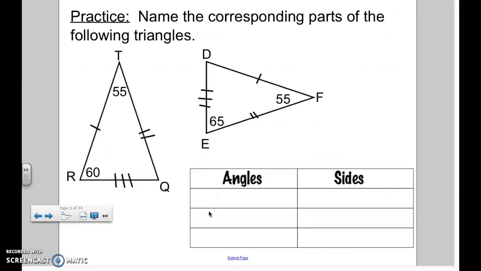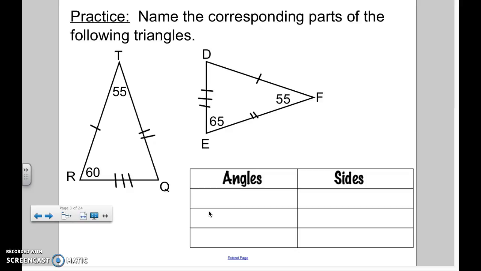Let's continue naming some corresponding parts, but now instead of just having some markings, we have some angle measures that could be useful. If you notice within both triangles, we have a 55 marked angle. However, we have one marked 60 in one triangle and one marked 65 in the other. At this point, we need to make sure we can find that third angle in each triangle to see if they will match up. Recall from lessons 1 and 2 of this module, all the interior angles of a triangle sum to 180.